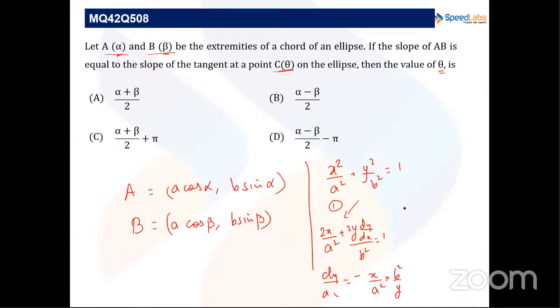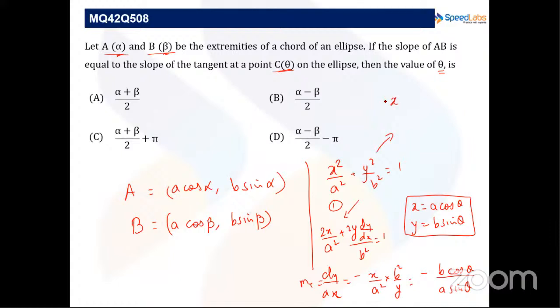And in parametric form, when you put x equals to a cos theta and y equals to b sin theta, dy by dx, that is the slope of tangent, will come out to be minus b cos theta upon a sin theta. This is one method, or you can directly write the equation of tangent at this point x equals a cos theta and y equals b sin theta.